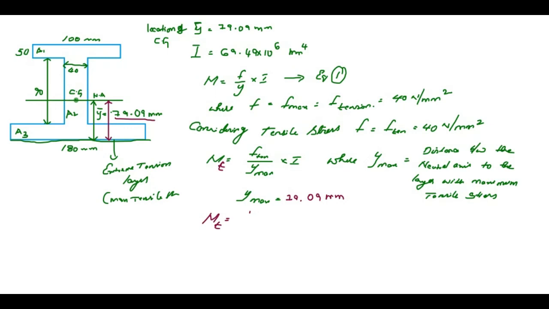Now this is equal to 40, f tension, divided by Y max 79.09, into I value 69.49 into 10 to the power of 6.